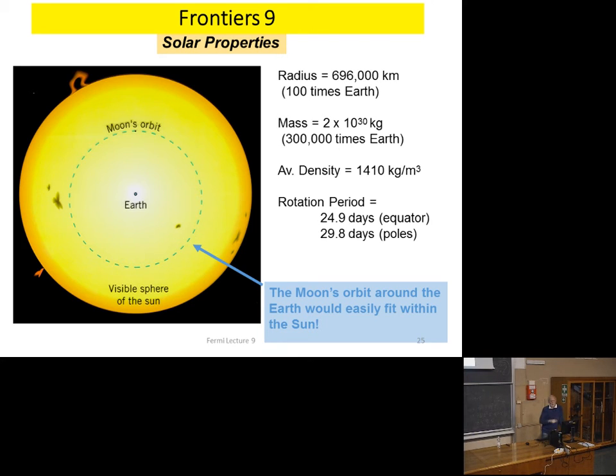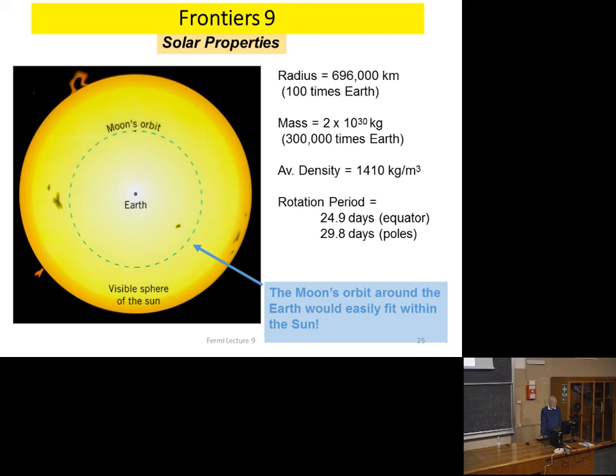That's not true of the sun. The rotation at the equator is 24.9 days for one rotation, while near the poles it's something like 29.8 days. A lot of the dynamics that we see are due to this difference in rotation rate.